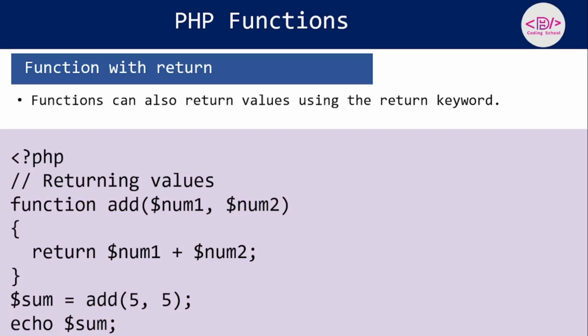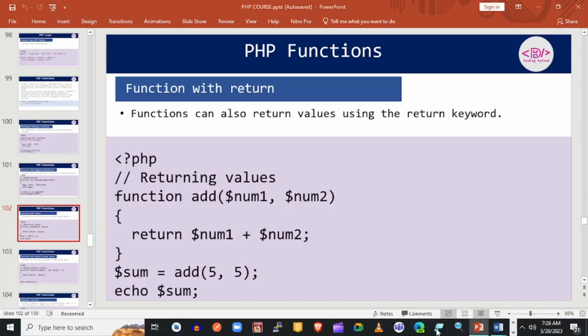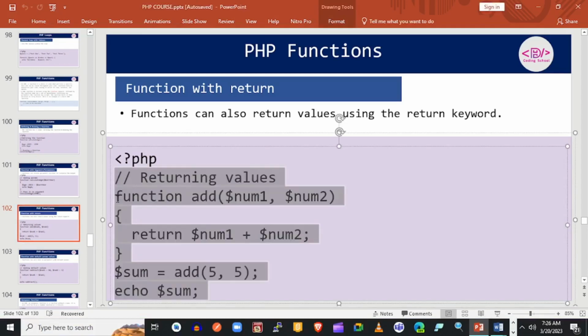It's not always that we are going to be echoing out figures; most times we actually return that value or whatever we are aiming at. So let's just do the same example here.